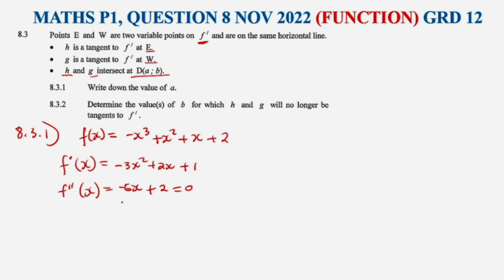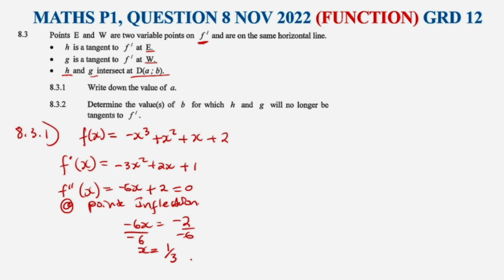Therefore we know that the tangent is happening at a point of inflection, which is exactly where we are. If that is equal to 0, in order for us to find x, we divide everything by minus 6. Therefore, our x value should give us 1 over 3.